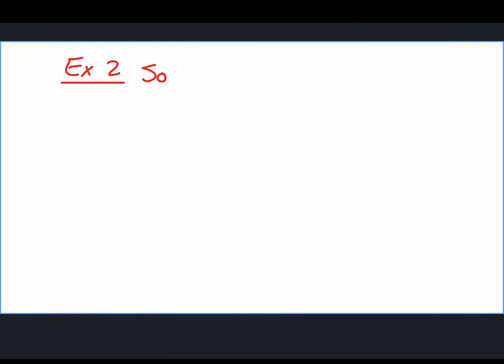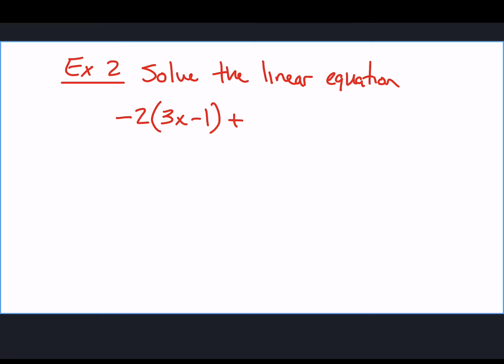We want to solve the linear equation. And our equation is negative 2 times the quantity 3x minus 1 plus x is equal to 14 minus x. So our goal is to get x by itself.